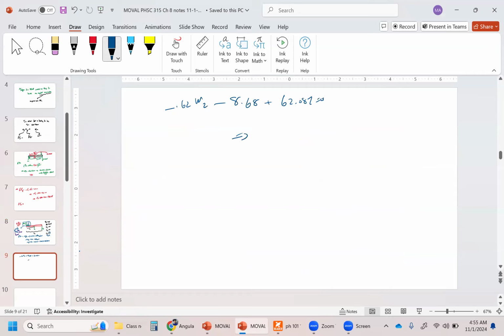Which means minus 0.62 WD plus 62.087 minus 8.68, which is 53.407, equals 0. So the weight of the dumbbell equals minus 53.407 divided by minus 0.62. The negatives cancel out, and it's going to equal 86.14 newtons.